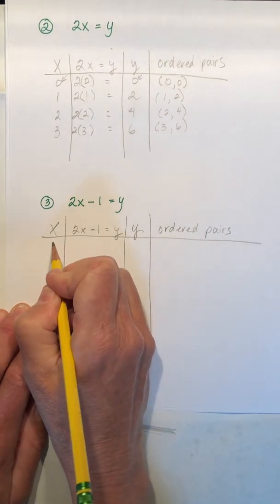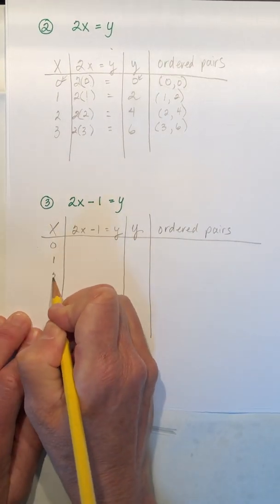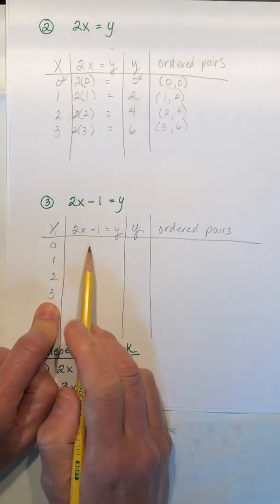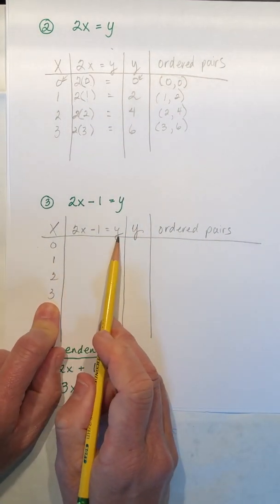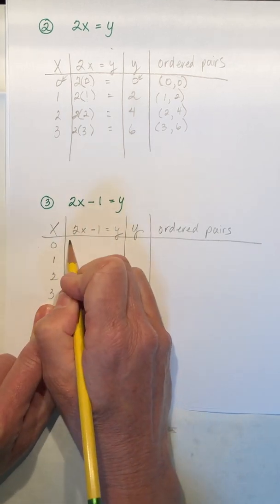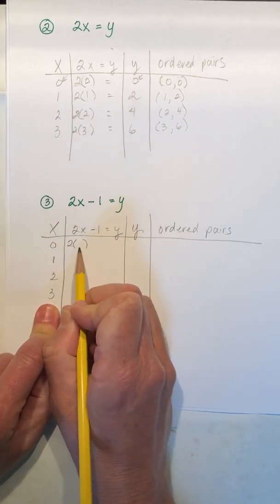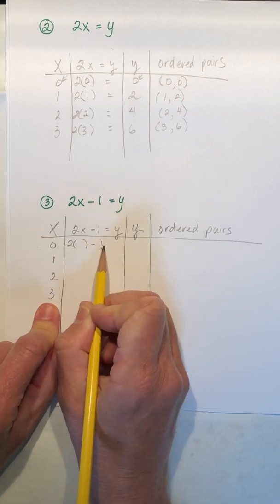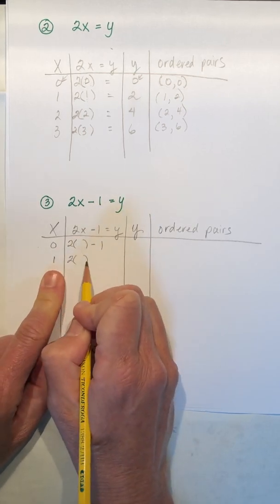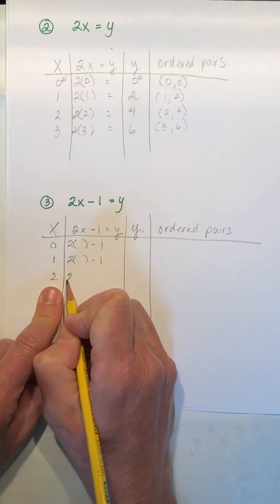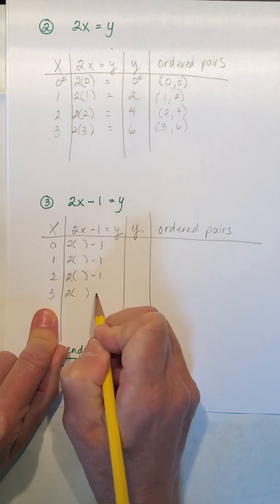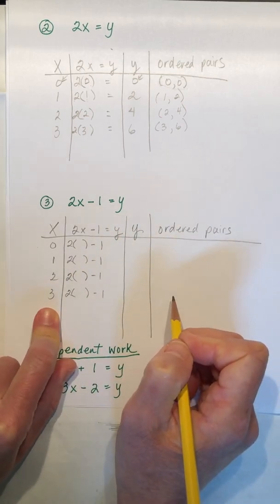So again, just for ease of the day, I'm choosing these x values, and I'm going to rewrite my equation so that I'm leaving a space to try each of my x values. So it's going to be 2 times the x value minus 1. Same thing here. All of these, exact same thing.